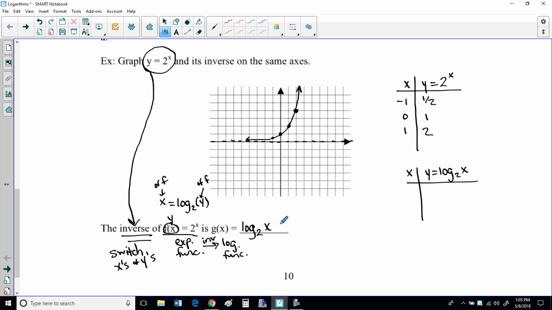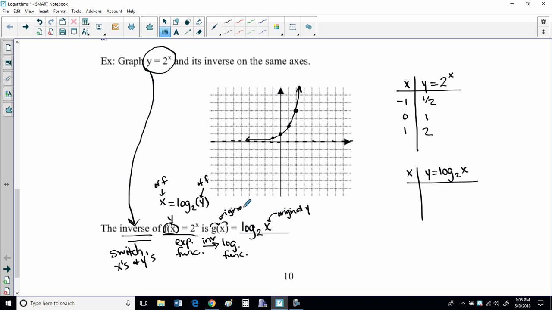So let me explain that again. This is a new function, and so for the new function, we're going to call its input x. But we know that this x was the original y. And this output is the original x.